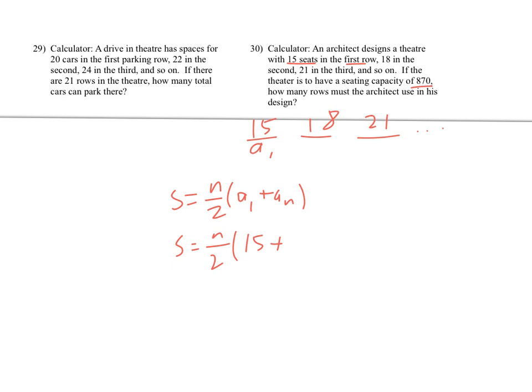So what happens in this case is I actually just write a formula for this. And so my formula is going to be a sub n equals 3n, and then a sub 0 would be 12, so plus 12. And I'm just going to plug that formula in for a sub n. And I do this so now I have all my variables in terms of n.